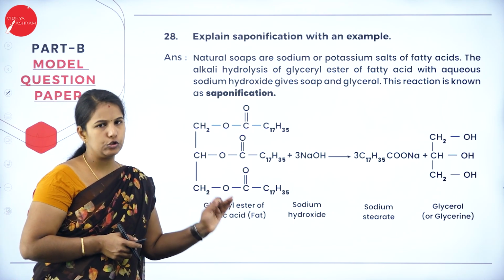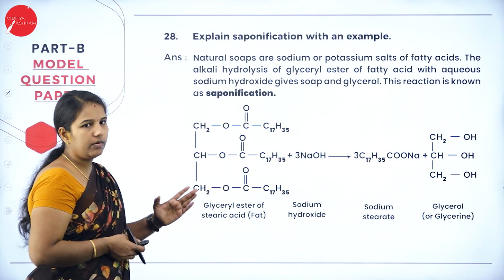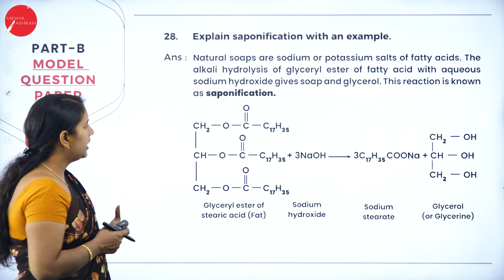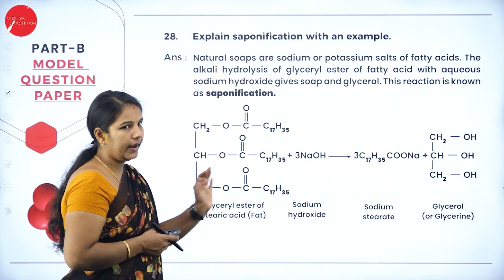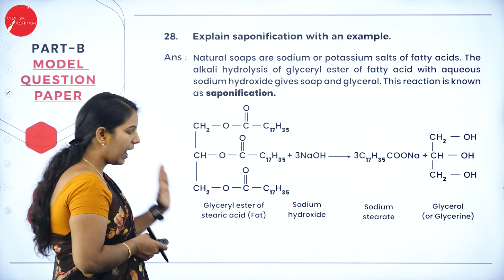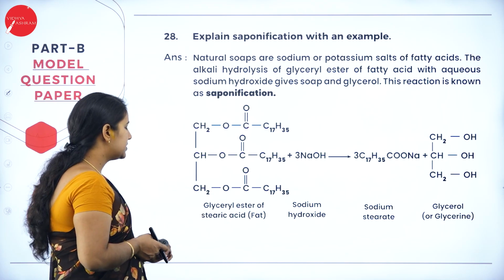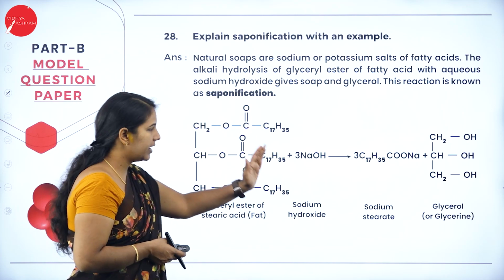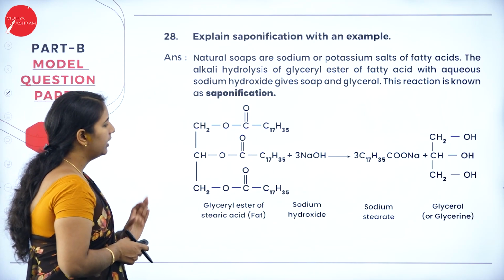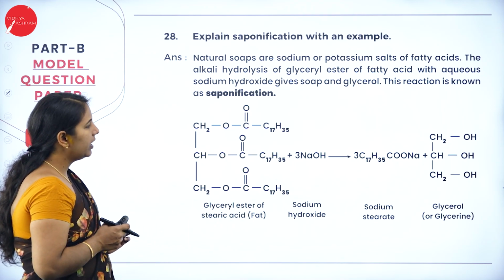Explain saponification with an example. This is a soap preparation, and natural soaps are nothing but sodium or potassium salts of carboxylic acids. When we do alkaline hydrolysis of the esters of fatty acids, here I have taken the glycerol esters of fatty acids, which are treated with a strong base, that is sodium hydroxide, you will get sodium stearate as well as glycerol.